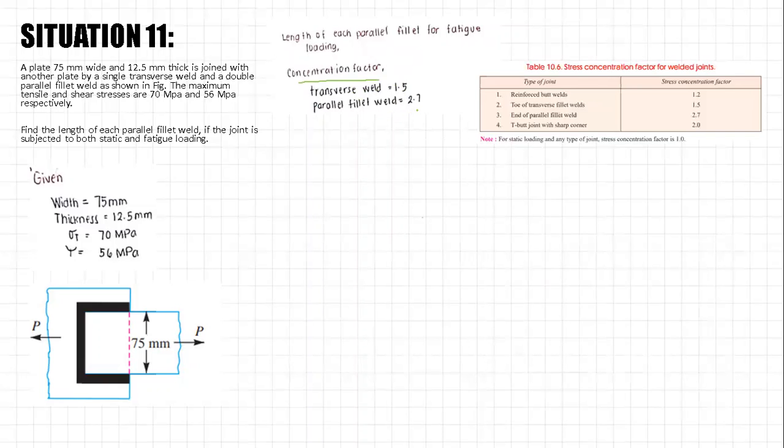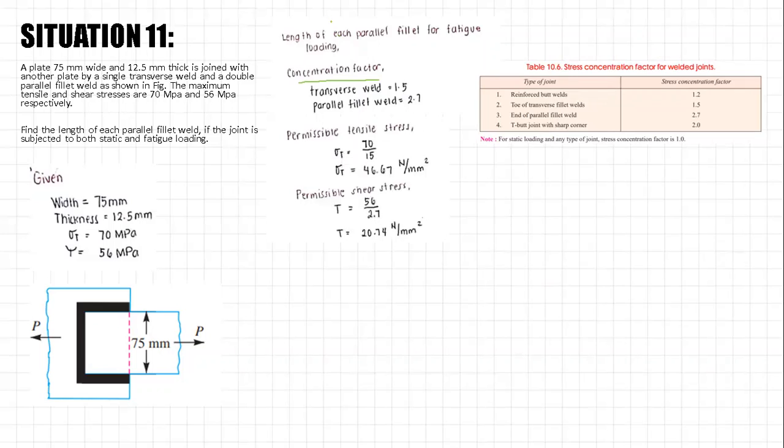We have a table here of stress concentration factors: reinforced butt welds 1.2, toe of transverse fillet welds 1.5, end of parallel fillet weld 2.7, and T-butt joint with sharp corner 2.0. For static loading in any type of joint, the stress concentration factor is 1.0, which is why we did not use it earlier, since it makes no difference.